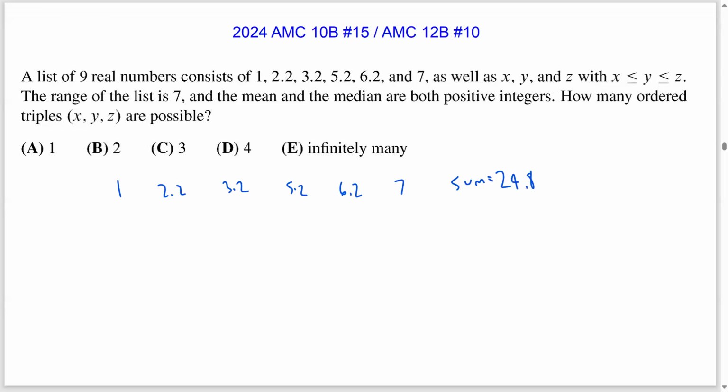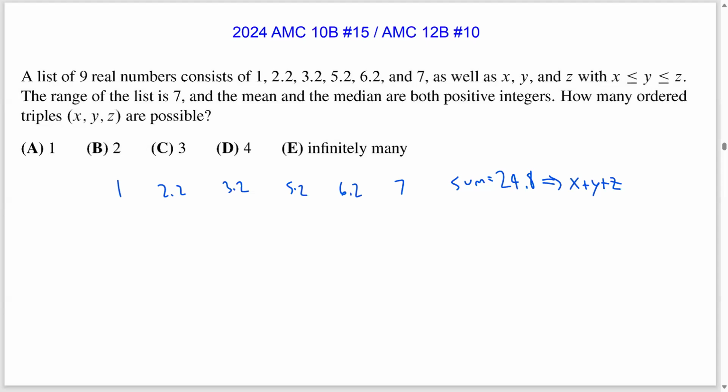And in order for the mean to be a positive integer, the sum of the 9 numbers has to be a multiple of 9. This is going to imply that x plus y plus z has to be 2.2 more than a multiple of 9.